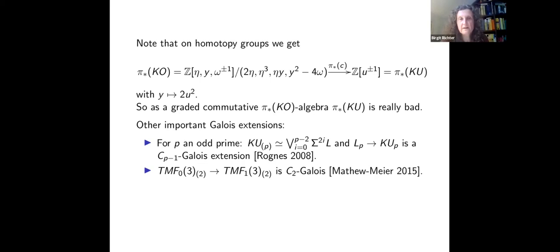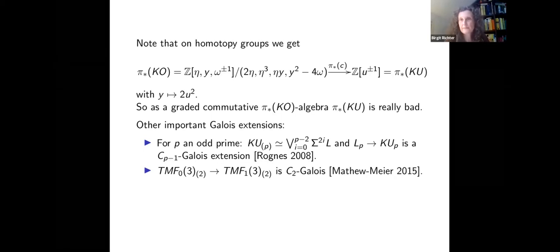So what are these things? TMF_1(3) is, think of elliptic curves, and you choose a point on that curve that has exact order n. So in this case, n is 3, so you choose a point of exact order 3. So if you think about a torus, then you just take 1/3 of the torus length and you have a point of exact order 3. This would be over the complex numbers, but this is defined over general rings or even over schemes.